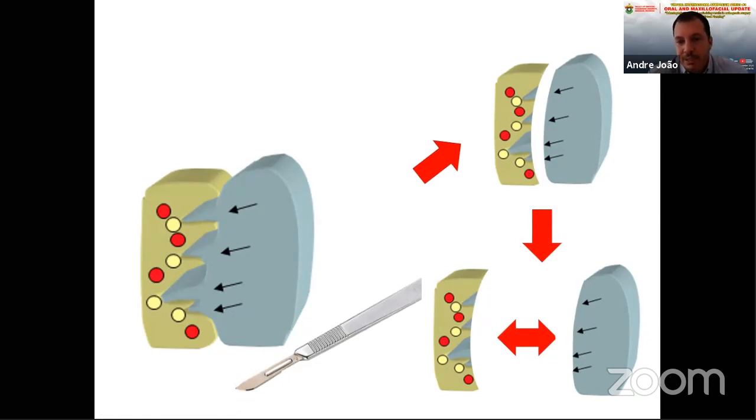By keeping these cells inside the bone, which we cannot see, this is microscopic, and we cannot see this during surgery, these cells remain imprisoned there, and over time, probably they will cause recurrence. That's why conservative surgery usually results in higher recurrence rates.